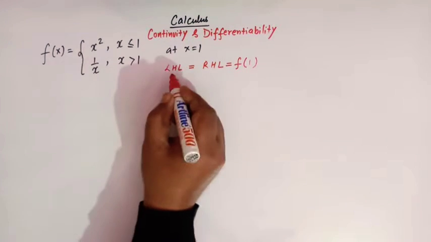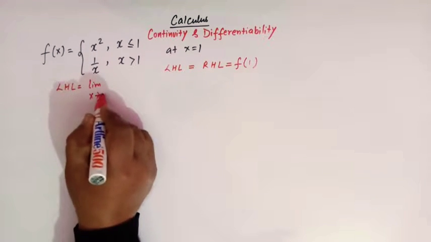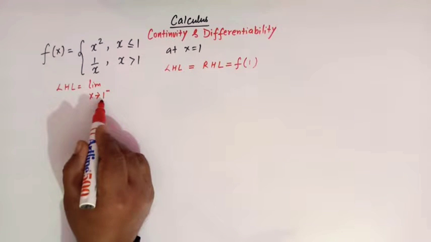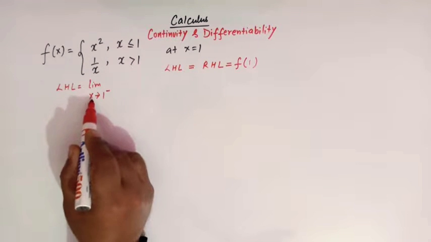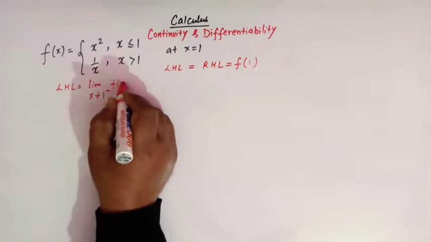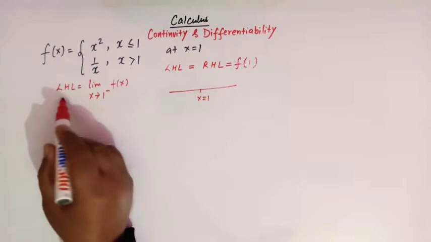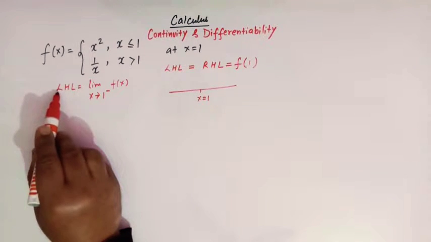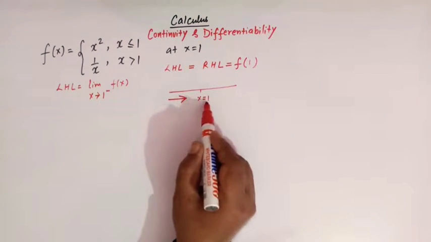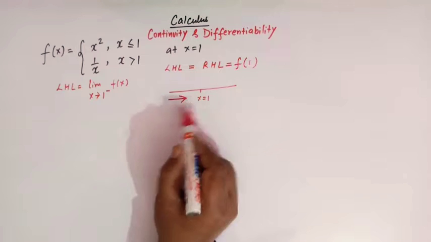Now the left hand limit is given by limit x tends to 1 minus, this symbol is for the left hand limit. It implies that we are approaching x is equal to 1 from the left of 1, and here we have f of x. When we calculate the left hand limit, we are approaching from all values of x which are less than 1.